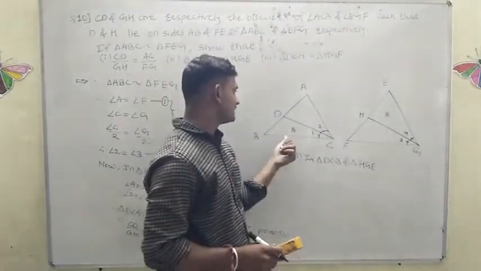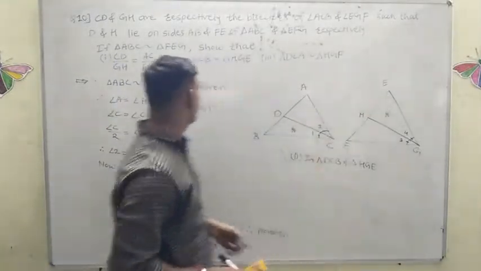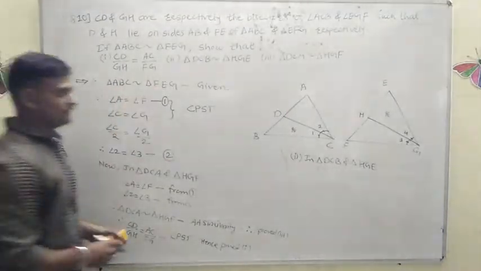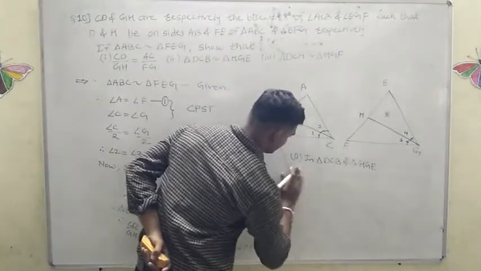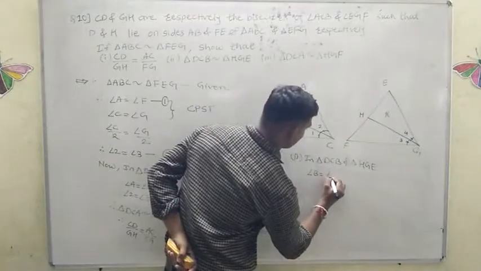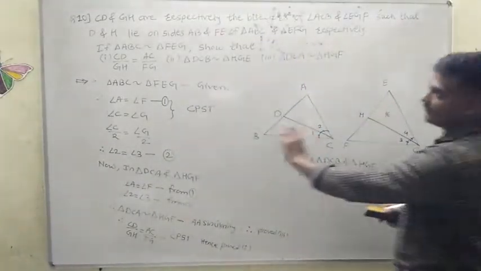See here in these two triangles, can I say that angle B is equal to angle E from this? I will write first this triangle ABC. Angle B is equal to angle E. What is the reason?